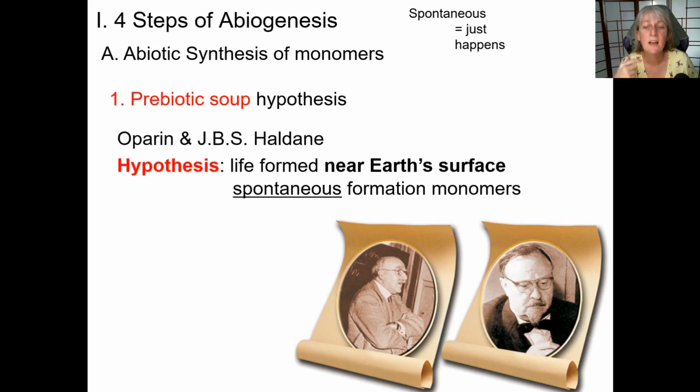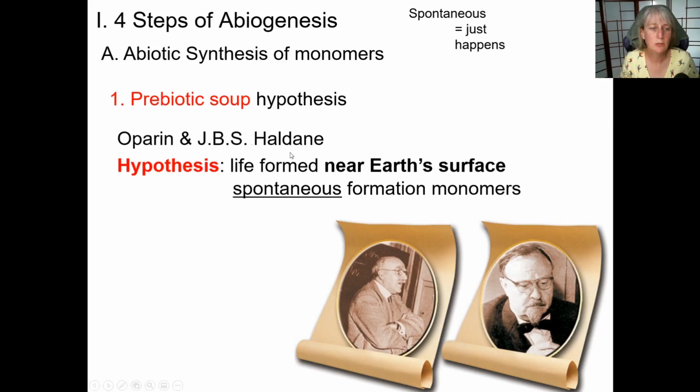It suggests that monomers spontaneously formed on the surface, on land, because the conditions were right. They were the result of appropriate conditions. It may have been at the edge of some freshwater lakes, maybe at the edge of the oceans, somewhere where the water and the land came into contact with each other. It means that the atmosphere of Earth must have been very low oxygen. It means that this took a lot of time.